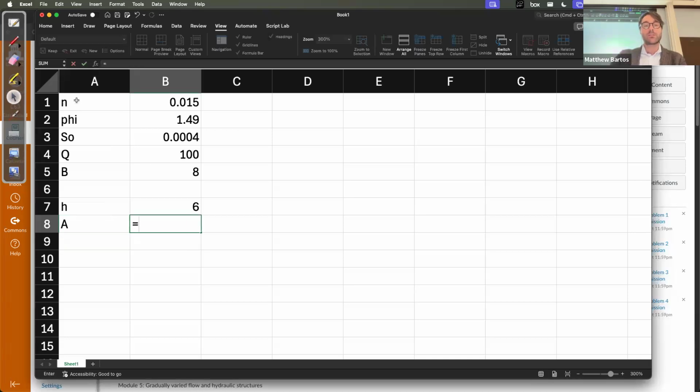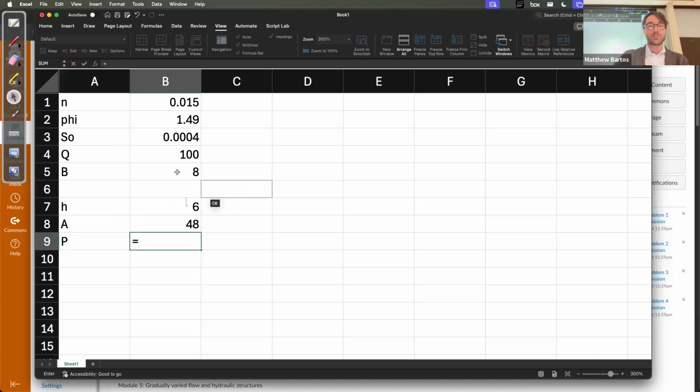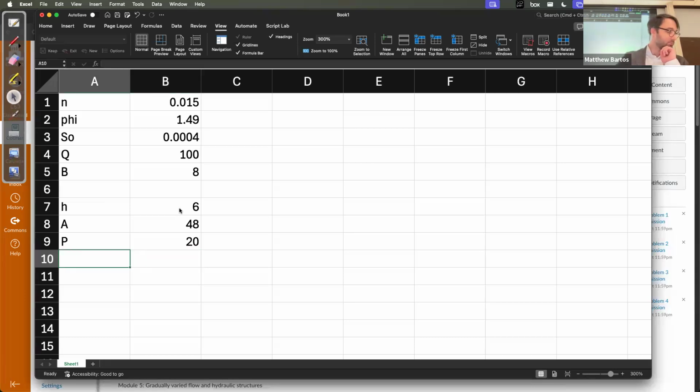This is going to be equal to B, the bottom width, times H, the depth of water. Next, I'm going to create a cell for the wetted perimeter. So this will be equal to B plus 2 times H. This should end up with an area of 48, a wetted perimeter of 20 for this initial guess.